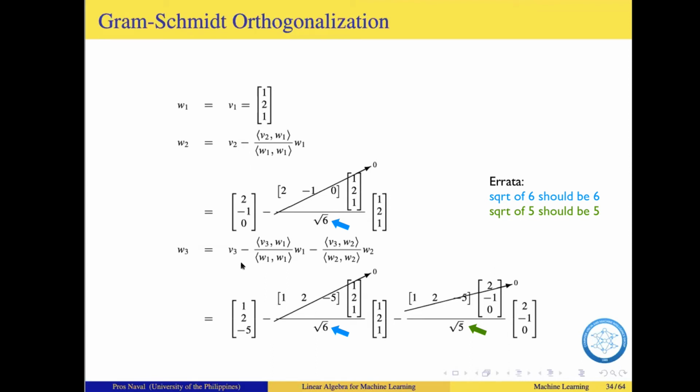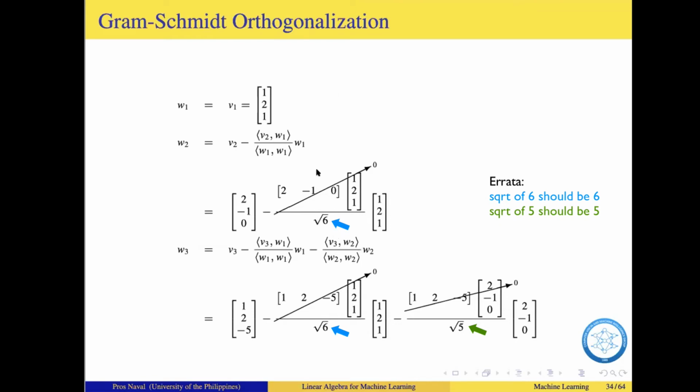Then we follow this formula and we come up with this result. Again, these two quantities are 0, so we are very lucky because this vector is actually orthogonal to both this and the first one. So we're just lucky.